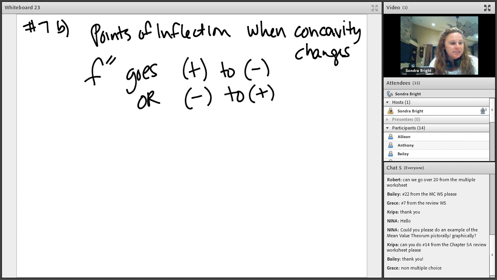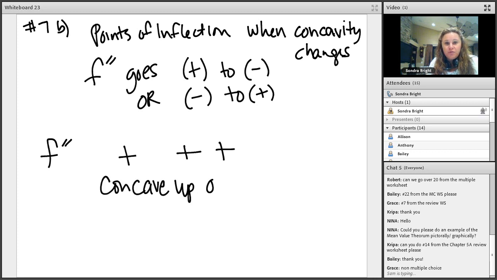I look at this chart and the line for the second derivative, and it says positive, positive, positive, which means this graph is concave up over the entire interval.